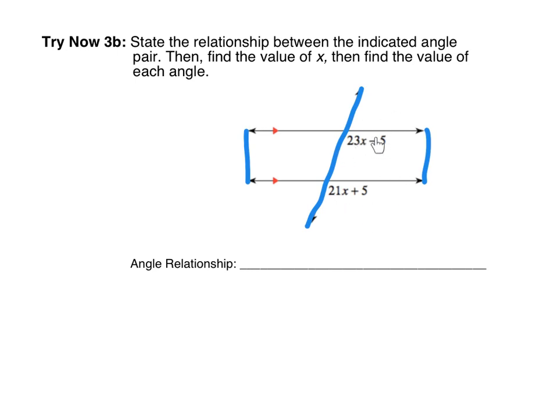But one is on the inside and one is on the outside. If I look at them, I have this guy here and this guy here. Now remember, if I can take the bottom one and move it up, or the top and move it down, then we have corresponding angles. I'm going to call them corr angles.